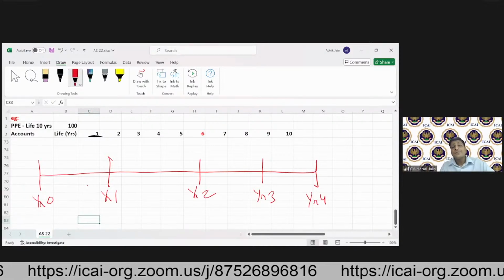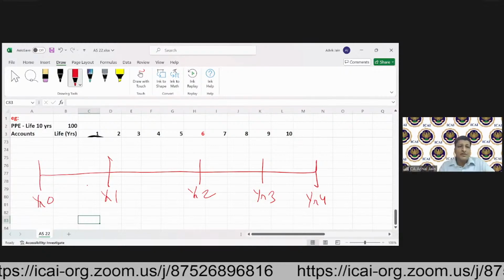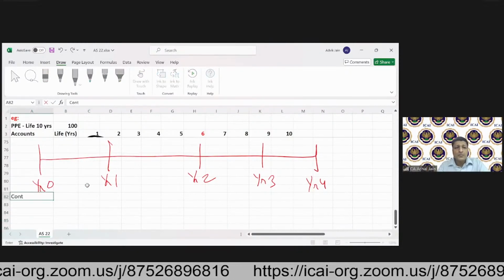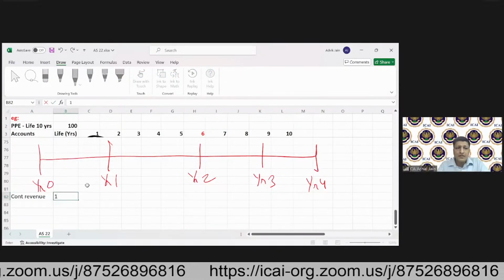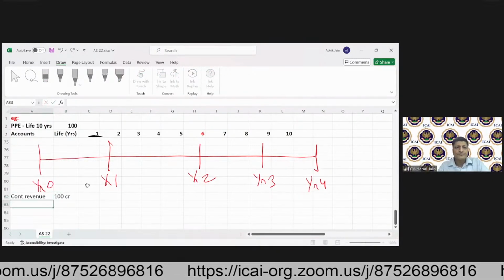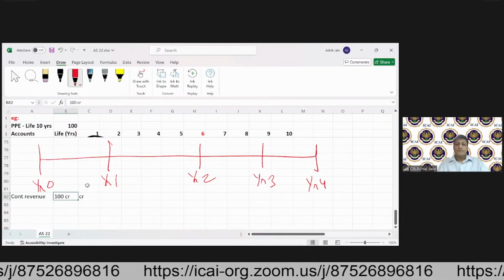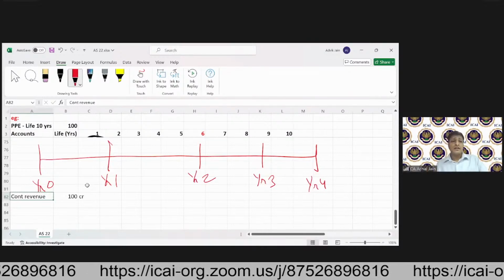Now, when the project will be awarded, there will be a contract revenue which will be agreed for this. So let's suppose the contract revenue which has been agreed is 100 crore.